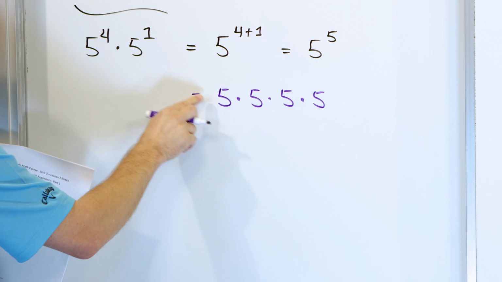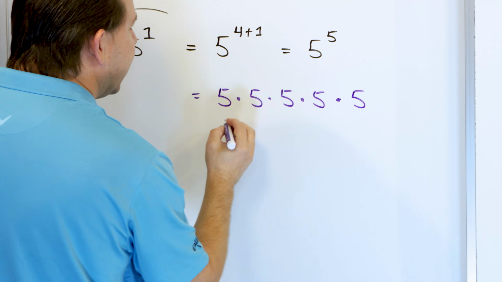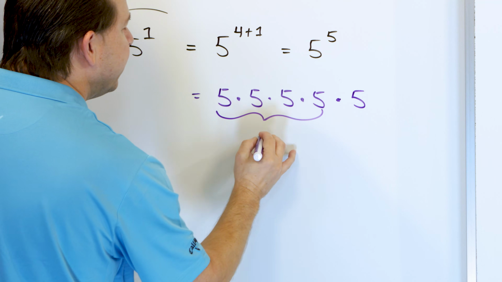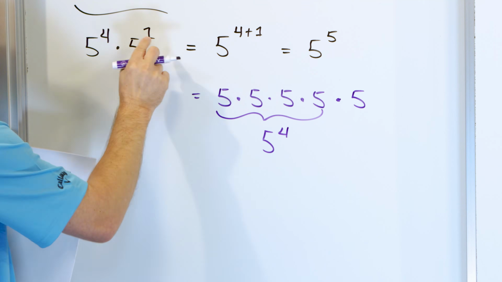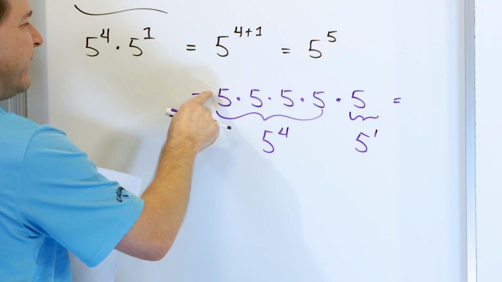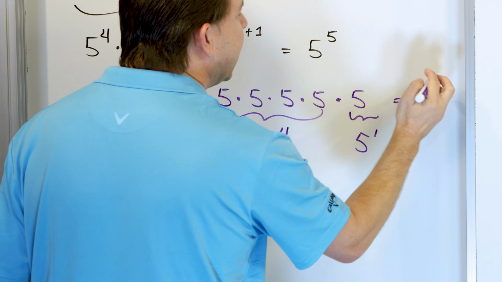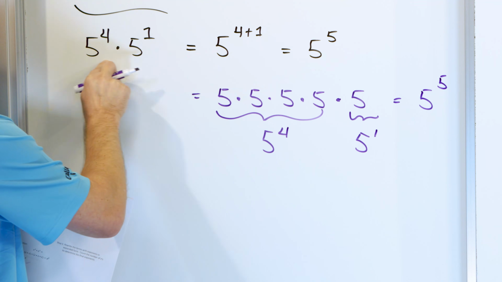There are 4 of them there, but then we're multiplying times 5 to the power of 1, which is this one right here. What do we get? It's all multiplied together, so it's 5 to the power of 1, 2, 3, 4, 5, which is exactly what we predicted before.